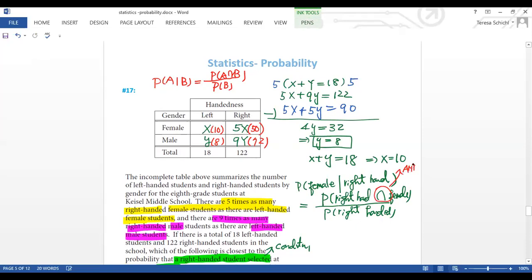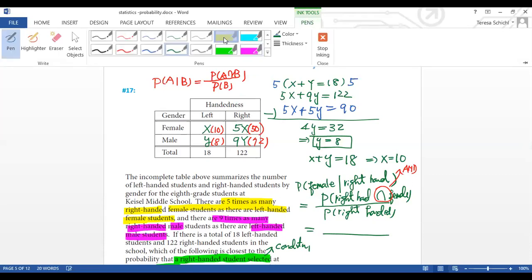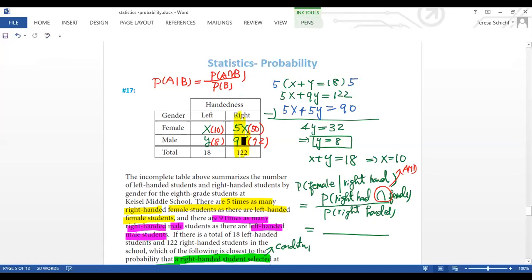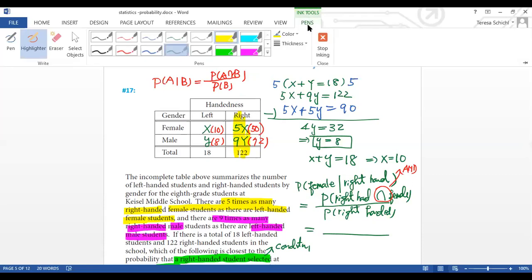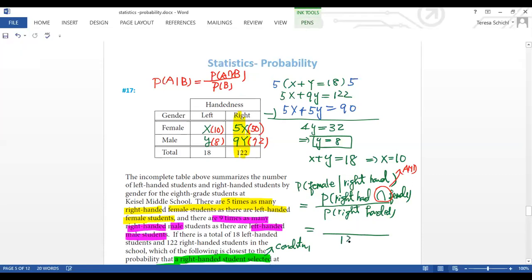And, right? Now let's see if we can find our probability. So what is right-handed? This column is right-handed, right? So what is that? This is 122.